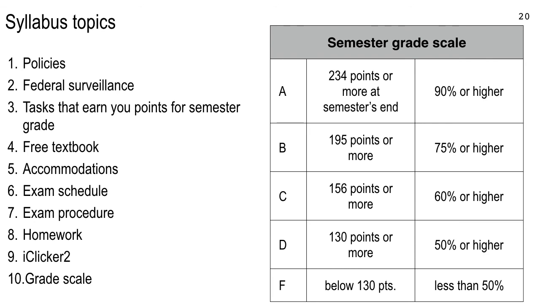All right, the grade scale we already talked about. It's based on 260. At the end of the semester, when we have all 260 points on the books, including the final, then I go by the middle column, the points column. So there's no rounding off or anything like that.